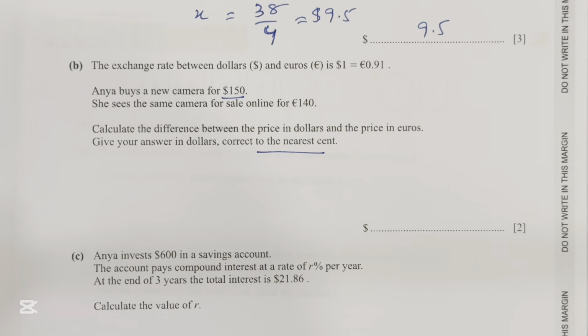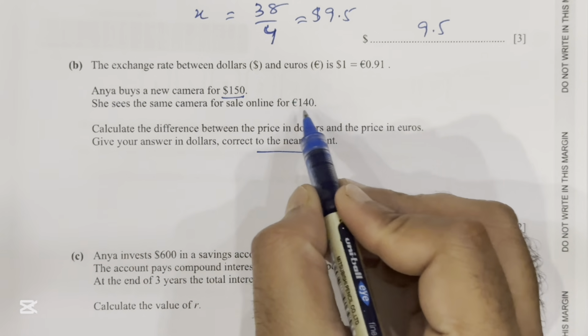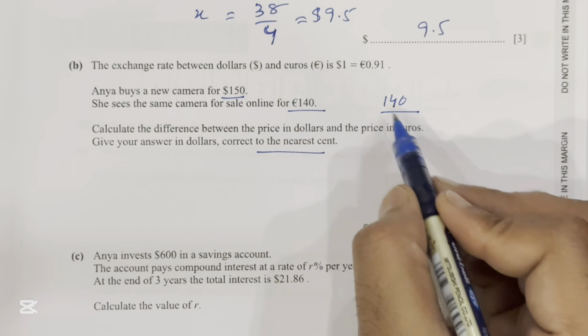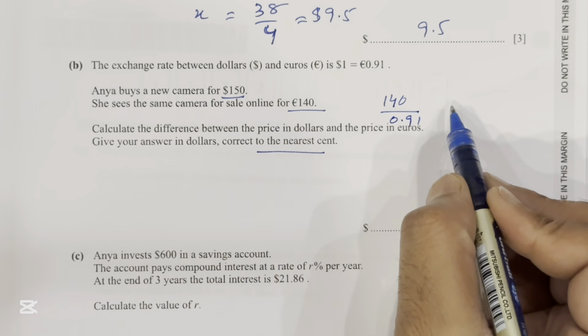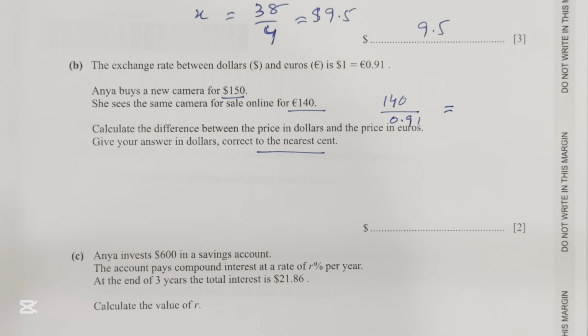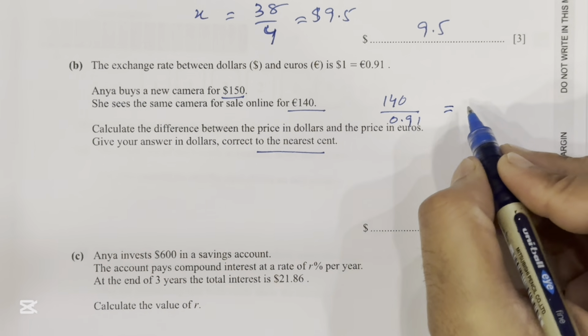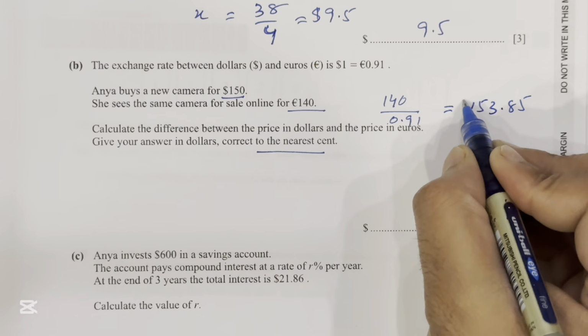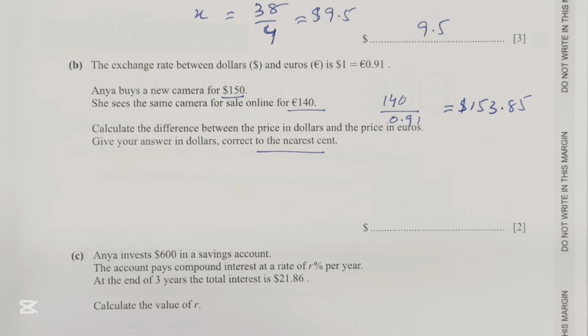So it was an easy question. We just need to convert 140 euros into dollars. It would be dividing by 0.91. So we get the answer that is equal to 153.85.